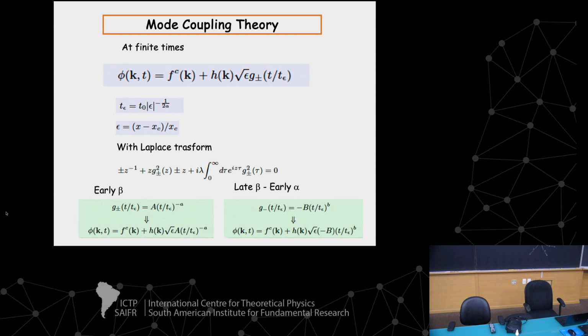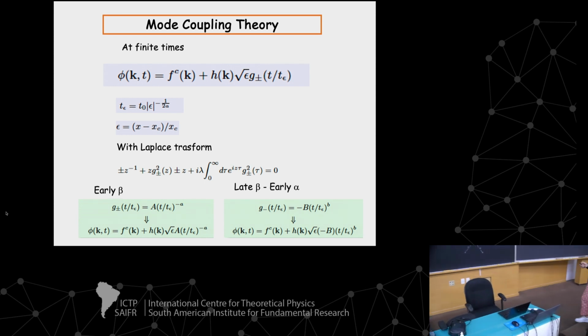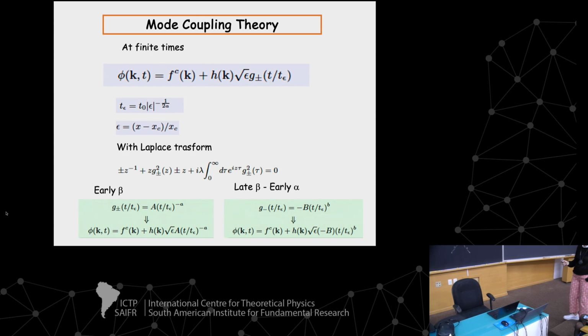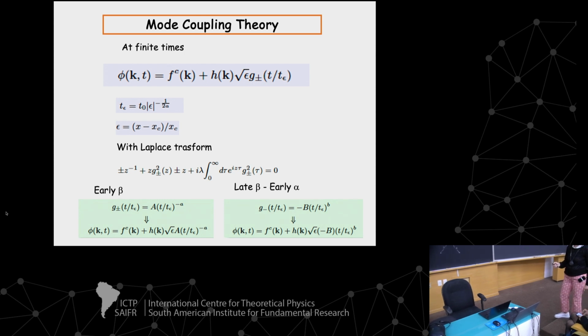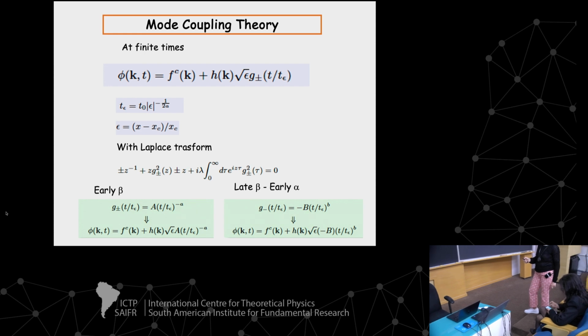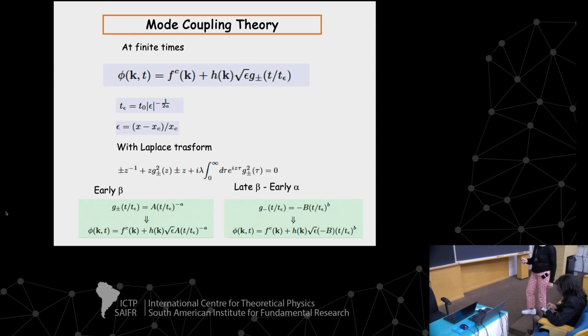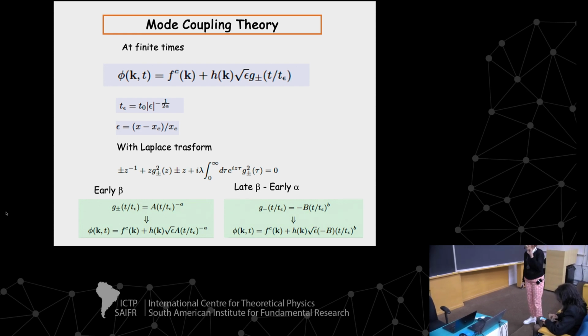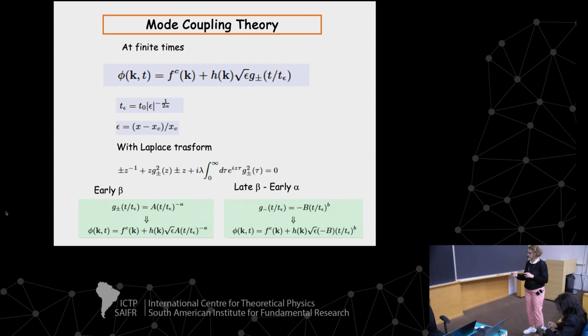So epsilon is x, the variable that is becoming critical. Typically it's the temperature. It could also be the density, but for water it is only the temperature. And t0 is a characteristic time of the particular system that we are analyzing.